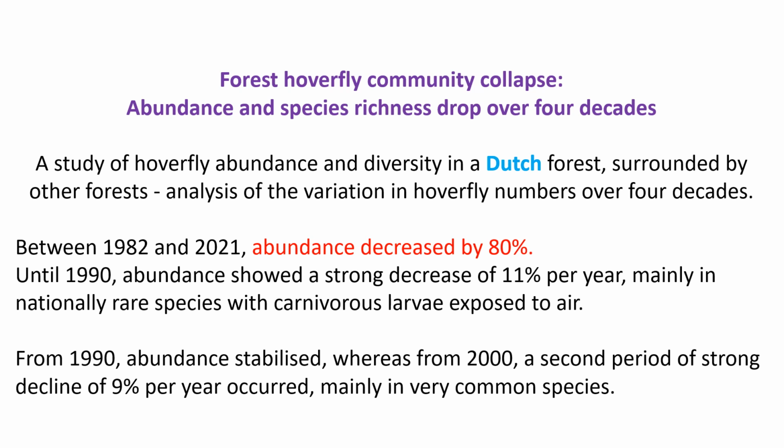Until the 1990s there was a fairly straightforward decrease of 11% per year, but mainly in nationally rare species, and then there was some stabilisation for some reason that hasn't really been explained, and then there was a second period of strong declines which is now carrying on now.